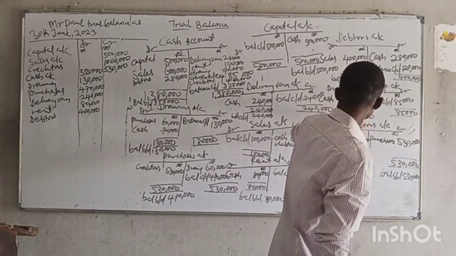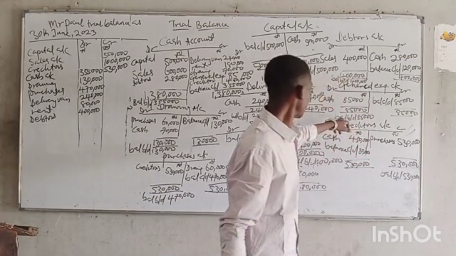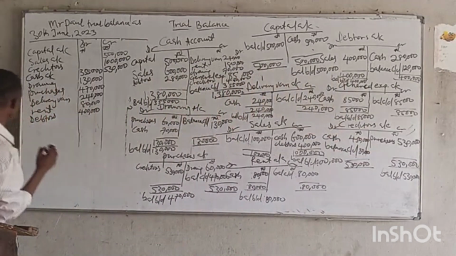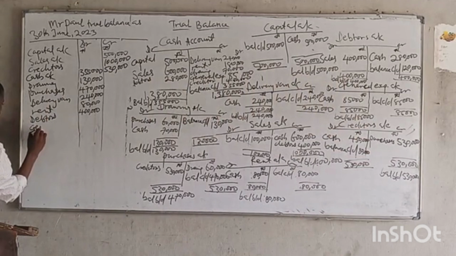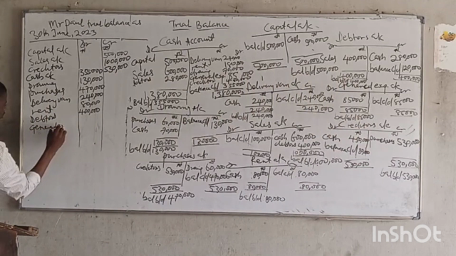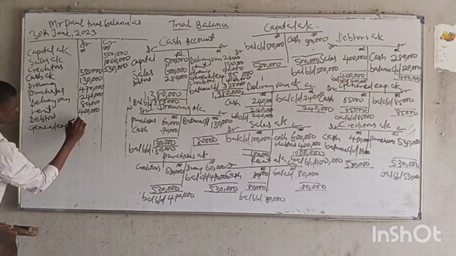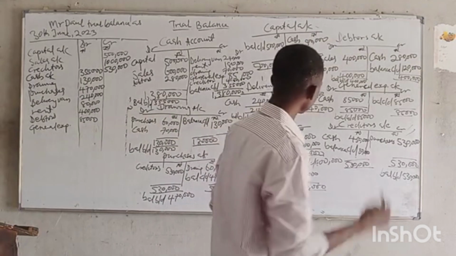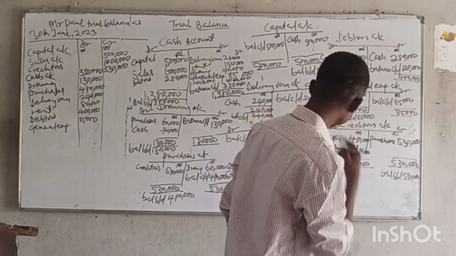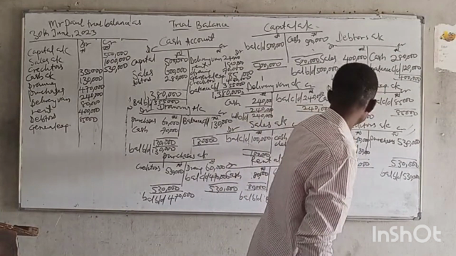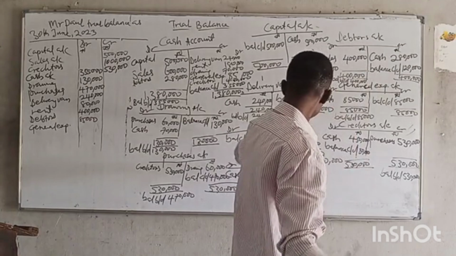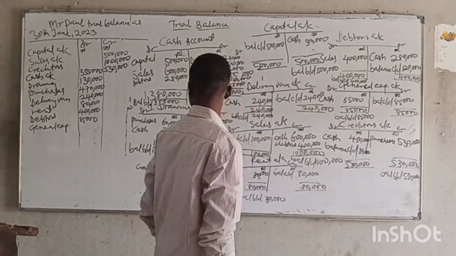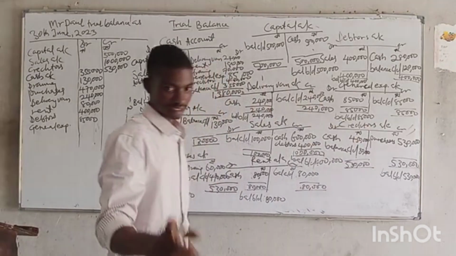General expenses also has the balance brought down at the debit side, 85,000. General expenses, 85,000. The next one, we have already treated the creditors account.